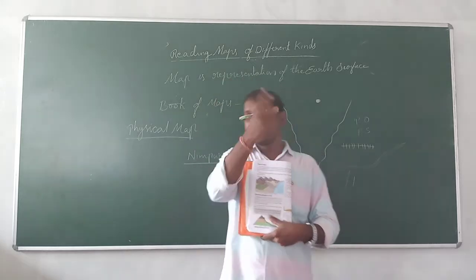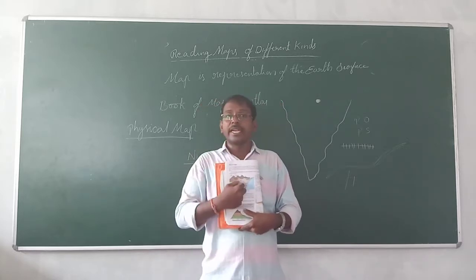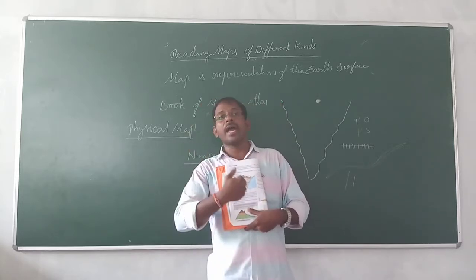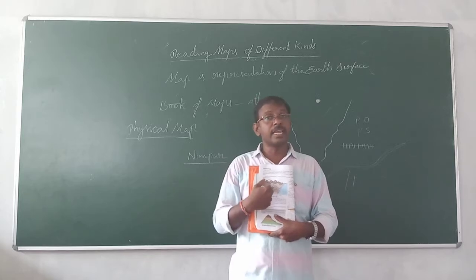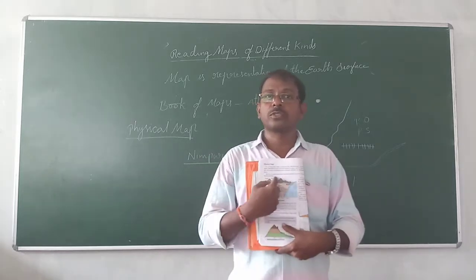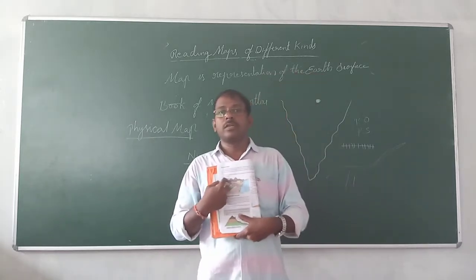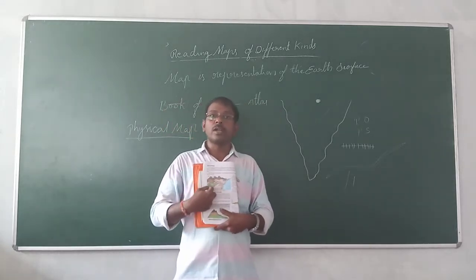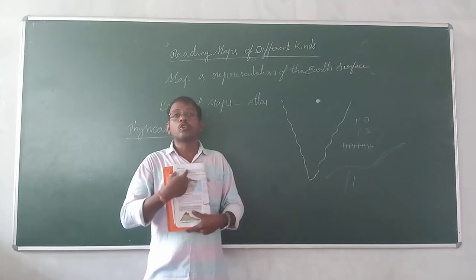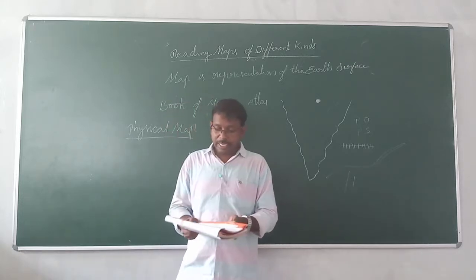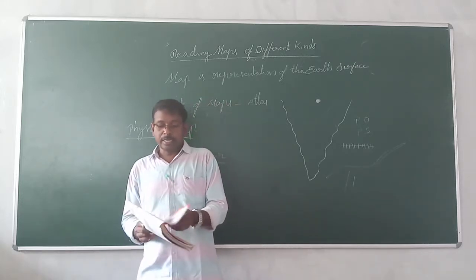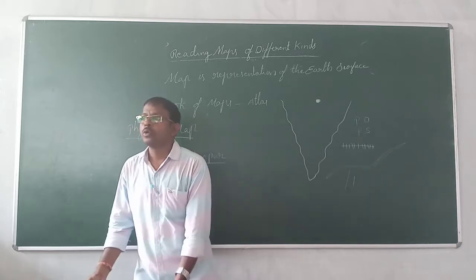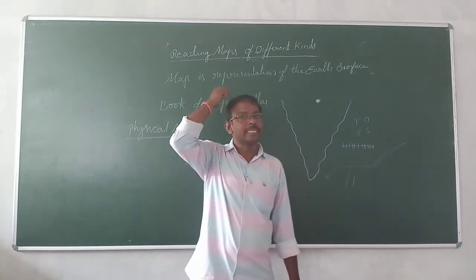But if you see the physical map, we can identify what things are behind the hills. We can easily find out the total information. Not only the physical map, political maps and others too give us total information. So here hills and everything is there. According to the physical map, mainly heights will be there.